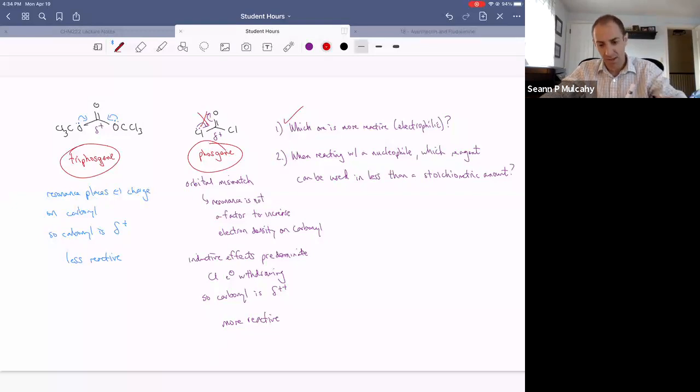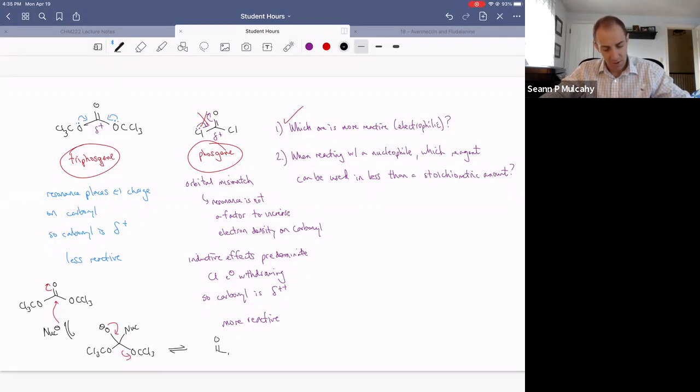Well, let's take a look at the reaction between triphosgene and a nucleophile. We've got nucleophile minus attacking the carbonyl, and we get a tetrahedral intermediate with a new carbon-nucleophile bond. We collapse with loss of a leaving group. What's the leaving group this time? The leaving group is OCCl3 minus.